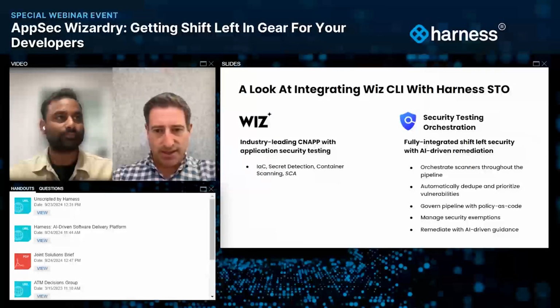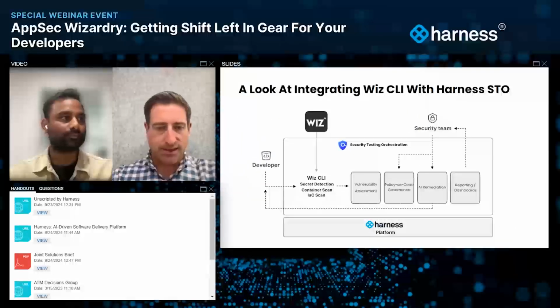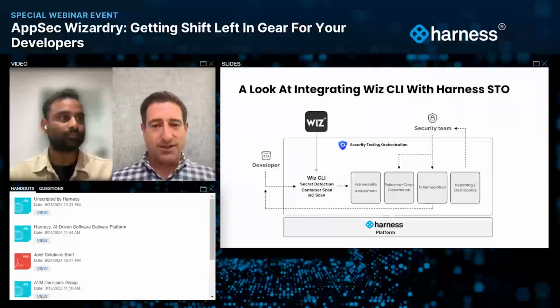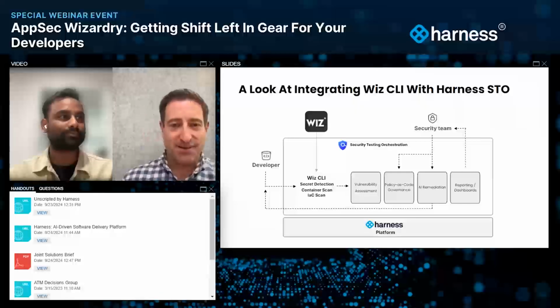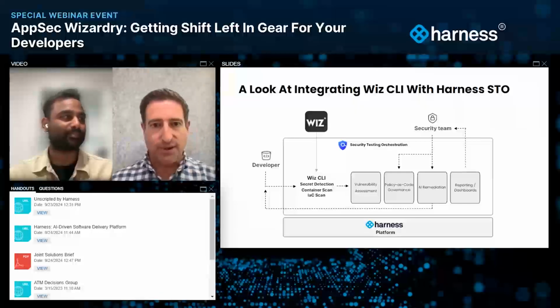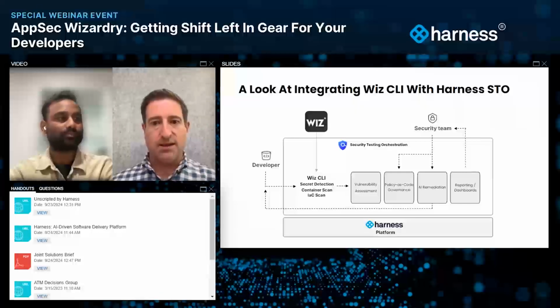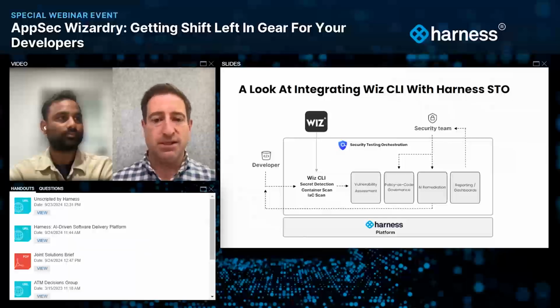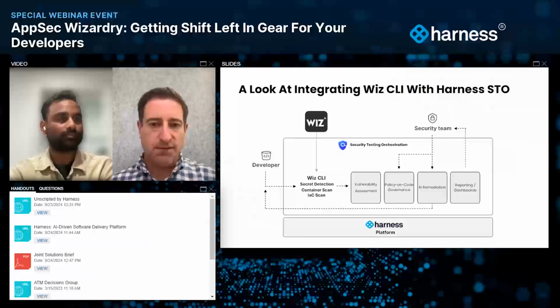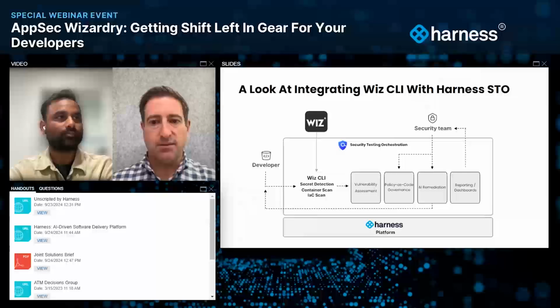Our last slide is just a quick look at the architecture. This is greatly simplified, but you can see how we've integrated Wiz CLI within Harness STO, and some of the key features I alluded to before are represented here in block diagrams, across governance, the AI remediation guidance we provide, and the common dashboards.